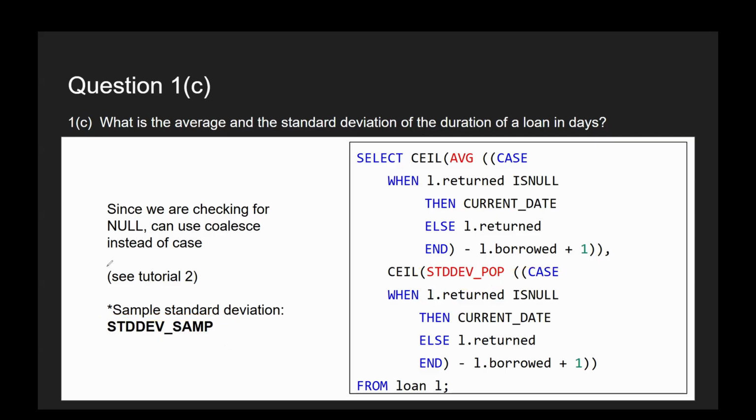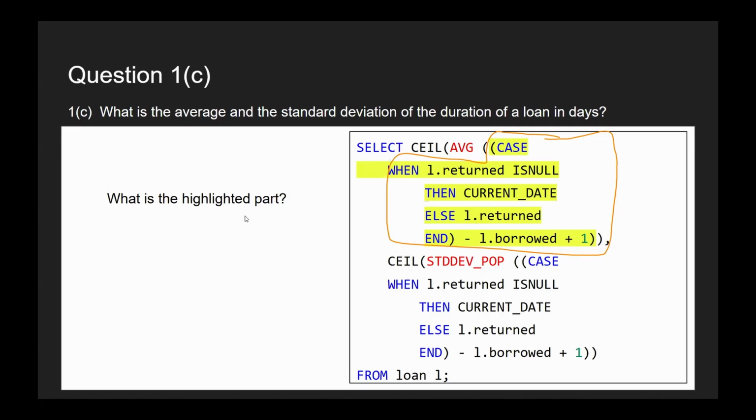If you take a deeper look into our query here, you realize that, wait a minute, I have seen this before, right? You feel like this thing is quite familiar. And that's right. Why? Because this thing is actually the highlighted part.